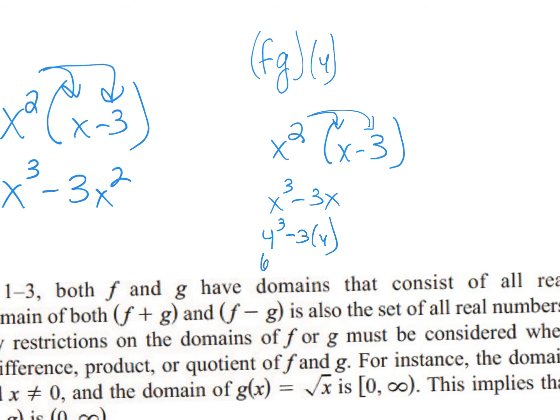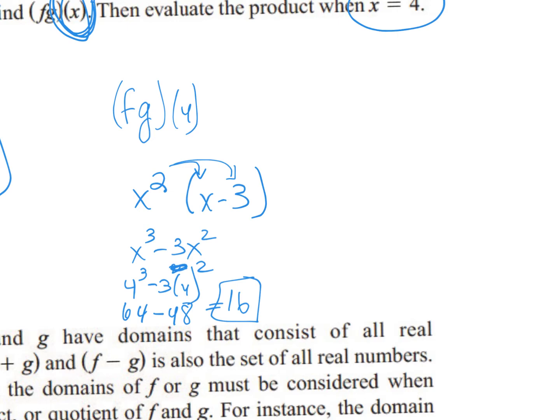Wouldn't it be negative 3x squared? Oh, yeah, I forgot to square it. I'm sorry. So 64, and then I have 16 times negative 3 is 48. So my answer here is what? 16.